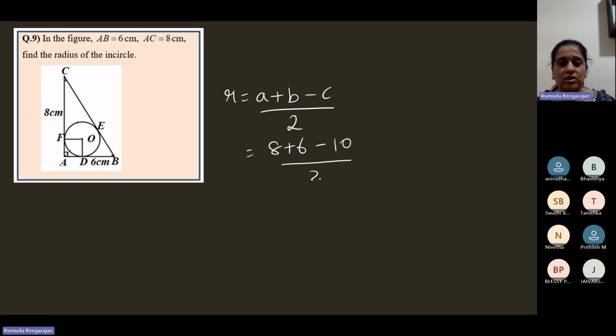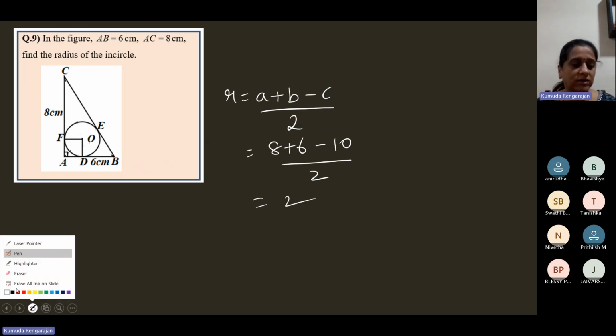You know the formula, right? How do you find the inradius? It is A plus B minus C by 2. So 8 plus 6 minus hypotenuse, which you can find using Pythagoras theorem, it's 10, by 2. So 14 minus 10 by 2, 4 by 2, which is 2. The radius of the incircle is 2.